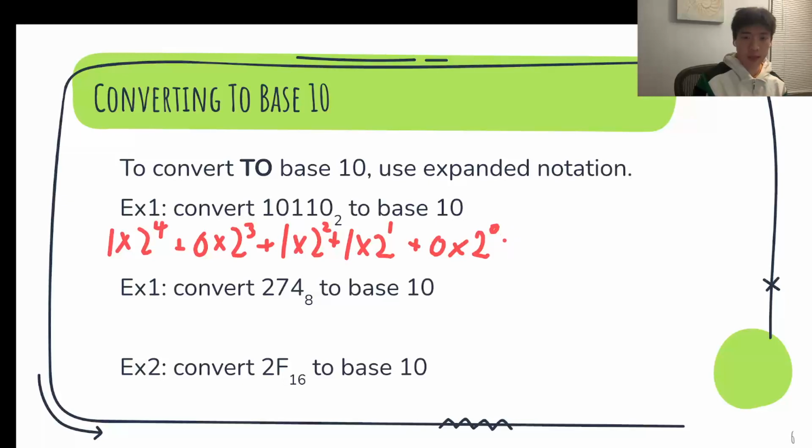Okay, now we have it in expanded notation, and let's convert this to base 10. To convert to base 10, we simply just do the math, because technically this is already in base 10. So let's just simply do the math now.